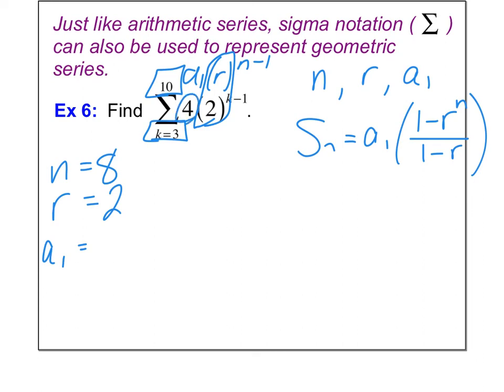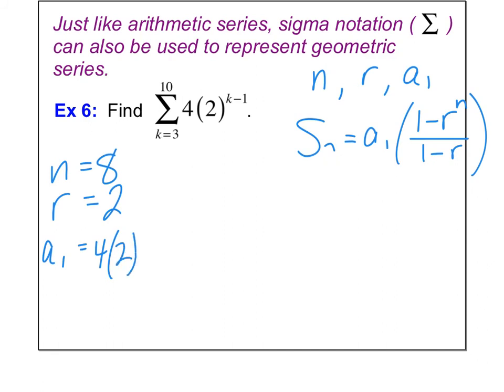We knew that the common ratio was 2, but a sub 1 is actually when I plug in 3 for k. So when I plug in 3 for k, I have 4 times 2 to the 3 minus 1. Well, 2 squared is 4. 4 times 4 is 16.